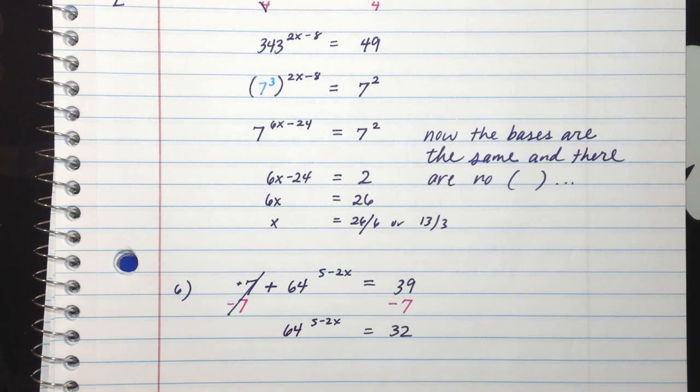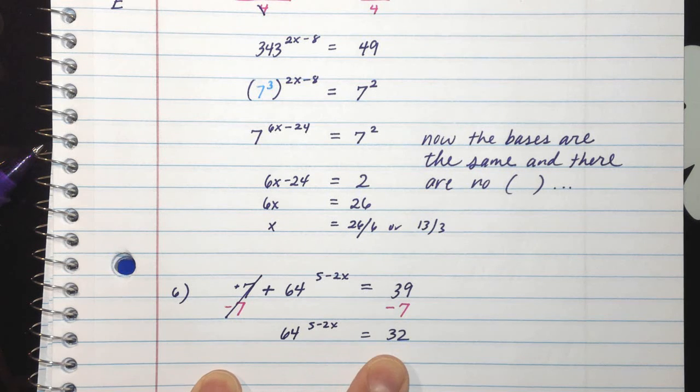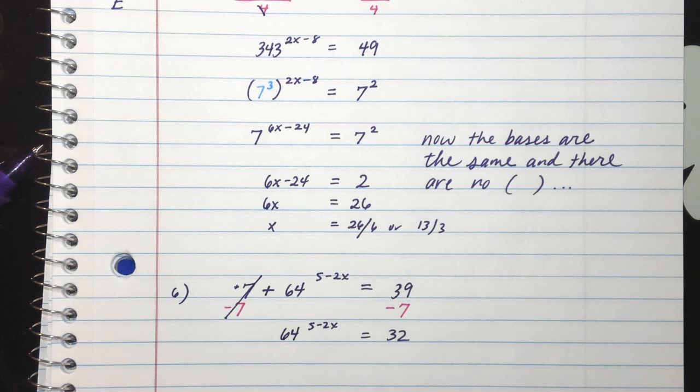32. Okay. Now we have to figure out how to change this base and this base so they have a common base. If we were in school, on the first day of this lesson before we actually started solving, what we would have you do is list base 2, base 3, base 4, so you would recognize these two numbers when you see them.